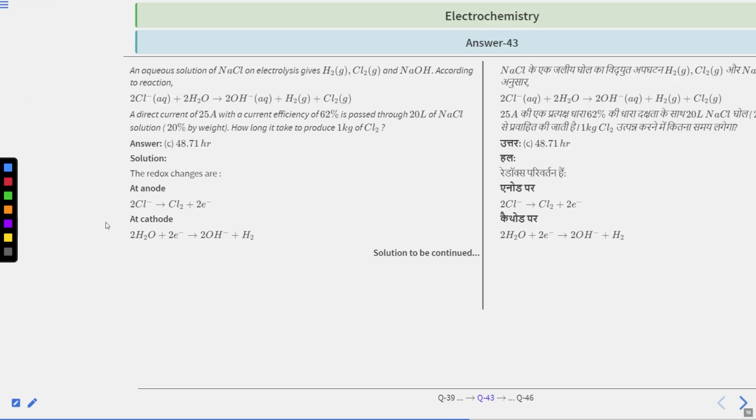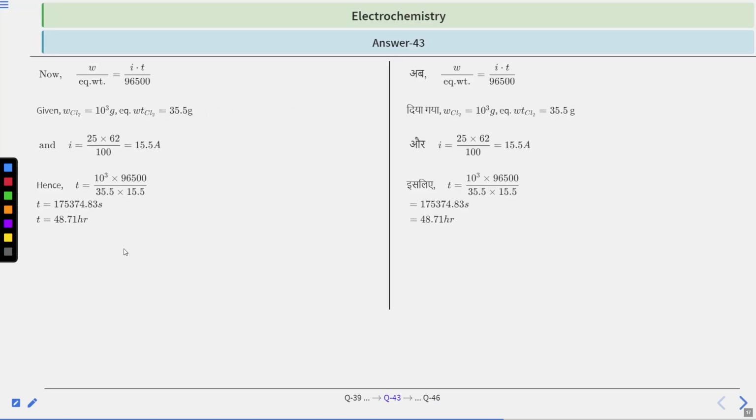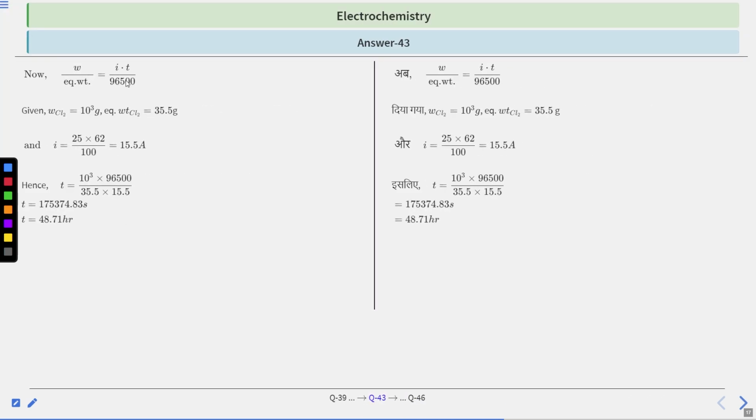Okay, let's see. The correct answer is option C, that is 48.71 hour. So the redox changes are: at anode, 2Cl- giving us Cl2 plus 2 electrons; at cathode, 2H2O plus 2 electrons giving us 2OH- plus H2. Oxidation and reduction. Now, we know that weight upon equivalent weight is equal to I times T divided by 96500, and weight of Cl2 is given as 1 kg, which is 10 to the power 3 gram, and equivalent weight of Cl2 is 35.5 gram.